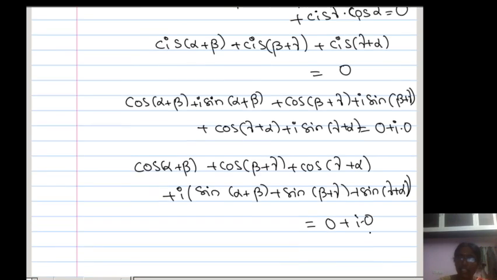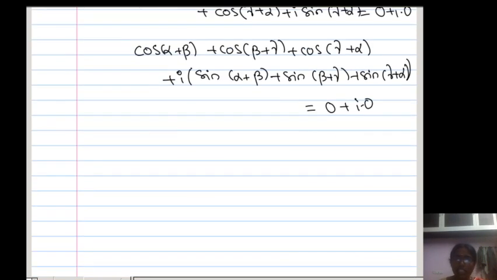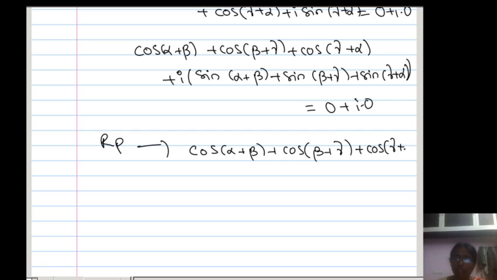Now compare real and imaginary parts here. What is the real part? This. What is the imaginary part? This. Comparing the real part, we get cos alpha plus beta plus cos beta plus gamma plus cos gamma plus alpha is equal to 0. What is the imaginary part comparison?